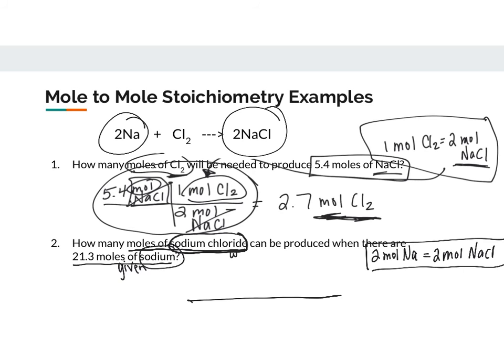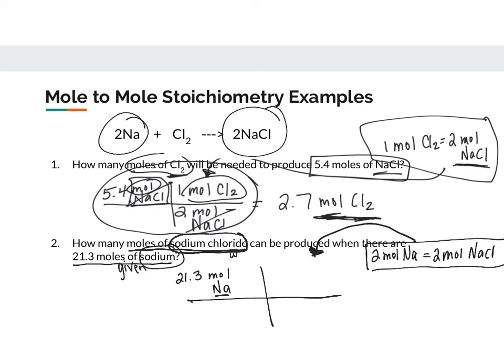Okay, so dimensional analysis, always going to put my given in the upper left-hand corner. So my given told me that I had 21.3 moles of sodium. All right, remember that this conversion factor is going to be in that next column. I want to get rid of moles of sodium because that's what I have up here.